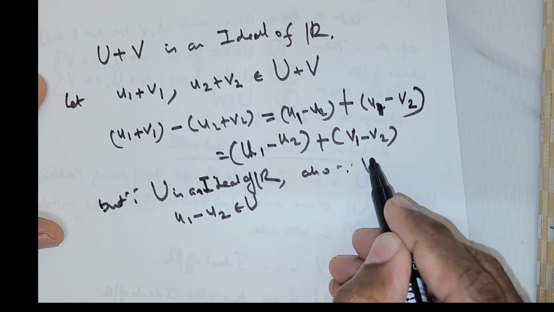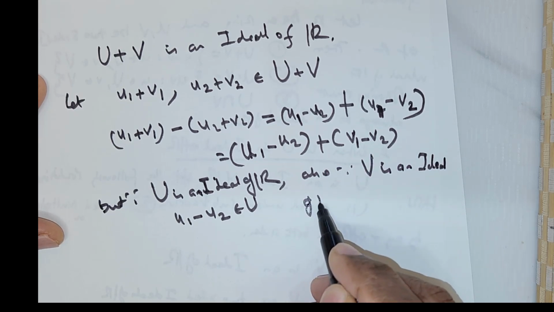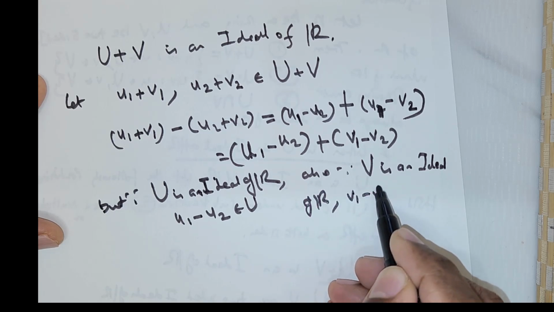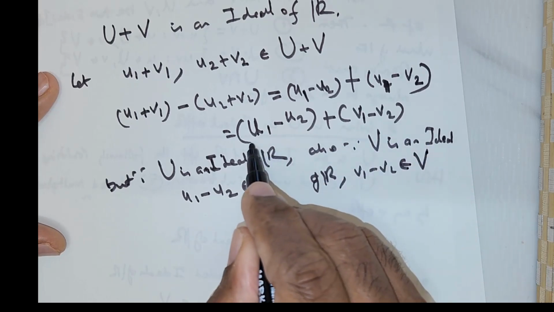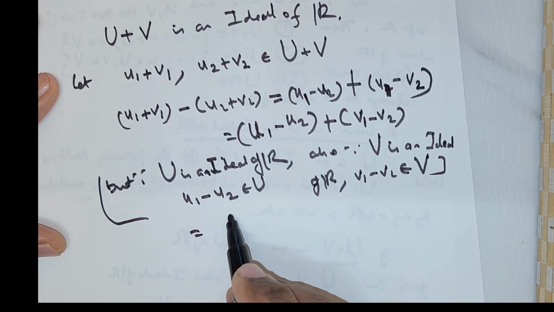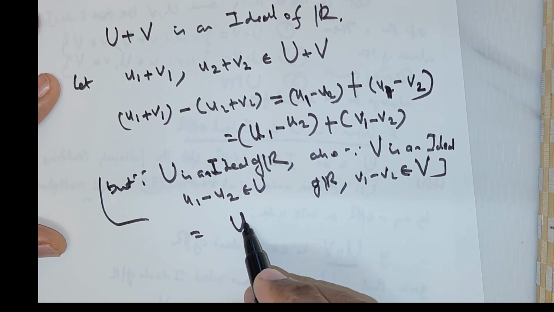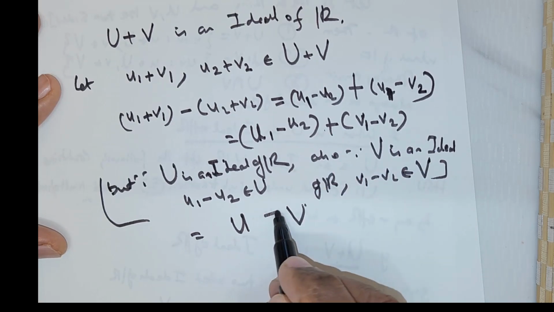Also, since V is an ideal of R, V1 minus V2 is going to be an element of V.